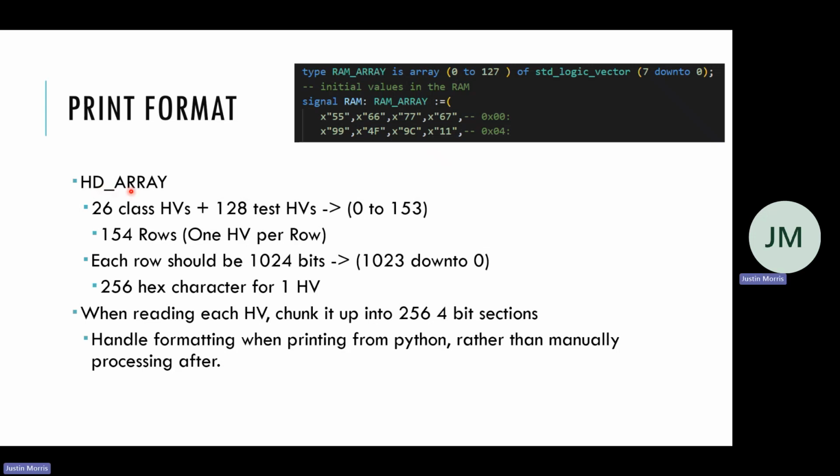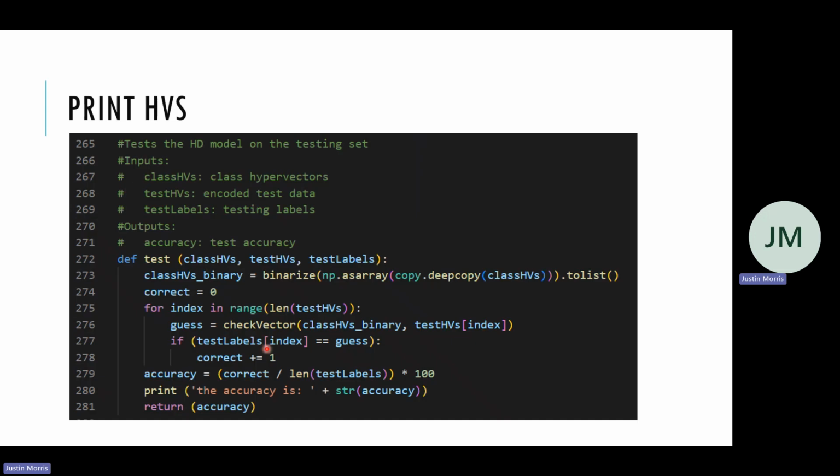This is just a way to get the same data from the Python program into your VHDL design in the hypervectors. What you're going to check is the output of your data path, which is guess. Right? And you're going to check that that guess is the same as this guess.